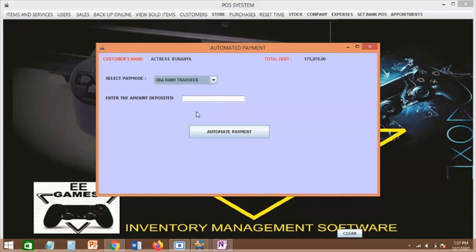Okay, it asks me, is it cash? I've selected UBA bank transfer, and I enter the amount. Enter the amount he or she is trying to pay. Or let's make it 50,000.